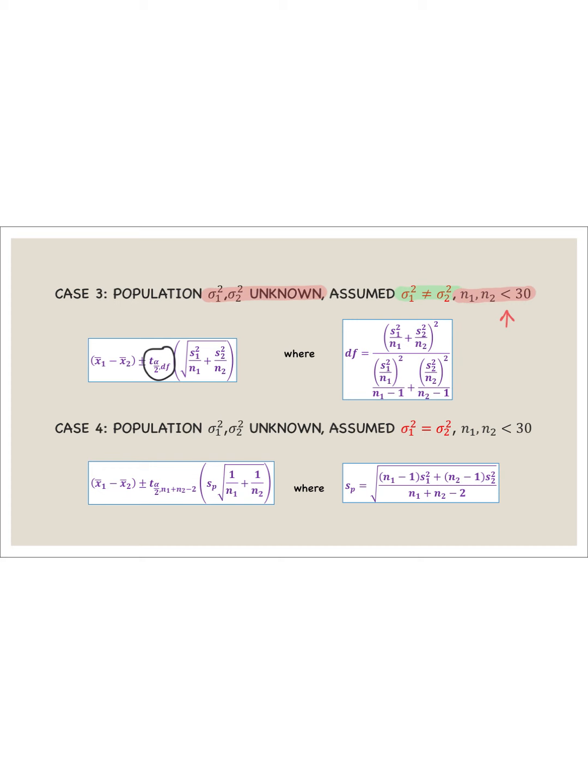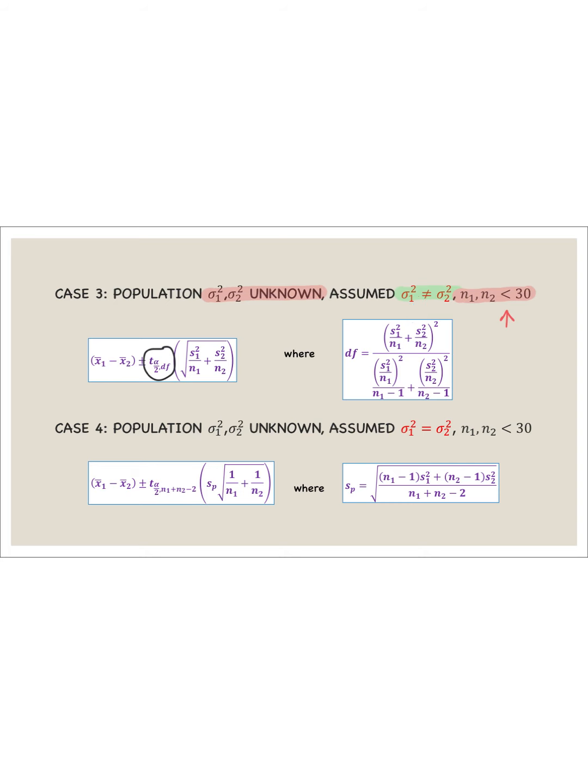But for case number 3, since we have very small n and we do not know the population variance or population standard deviation, that's why we use t. For case number 3, we assume the variances are not equal.